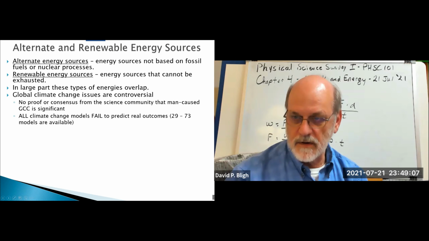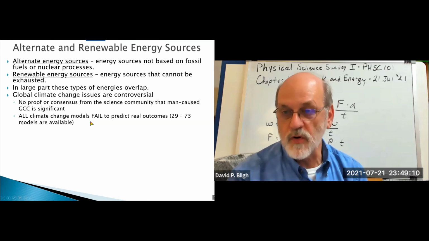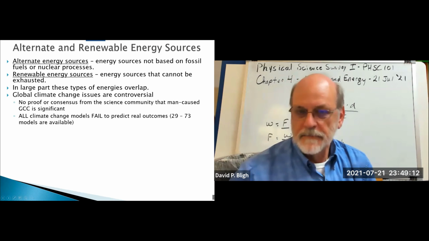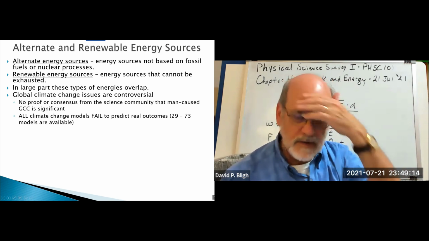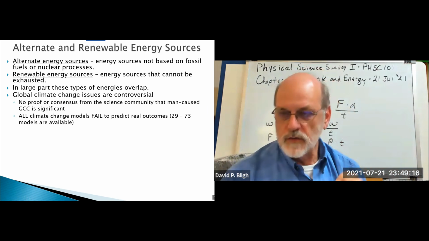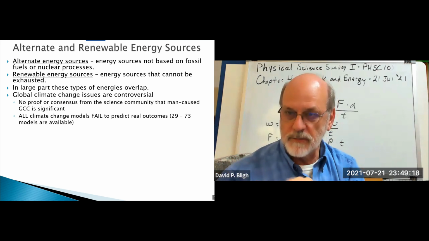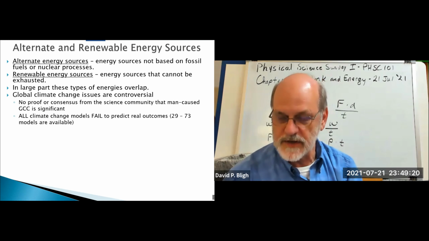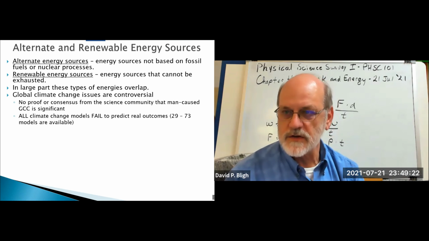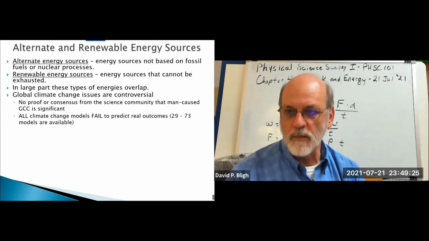These are mathematical programs built into computers, and the factors are fed into it. If you make measurements in the climate and put them into this model, it spits out a number. It says, okay, over the next 100 years, the climate is going to warm by 5 degrees Celsius.